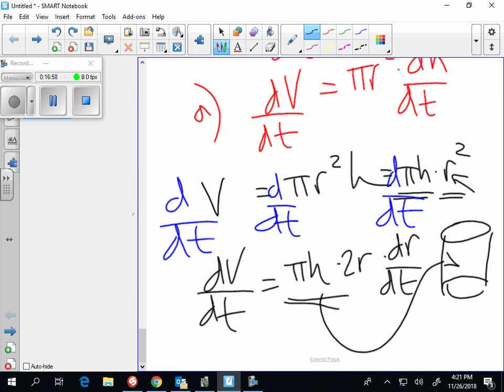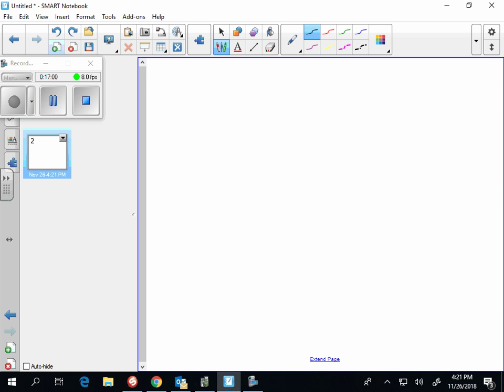Part C is the more engaging, more challenging part where we're told neither r nor h is constant. So when I look at V equals pi r squared h under these conditions, these are both variables, and they're connected with multiplication. So this becomes a product rule problem.